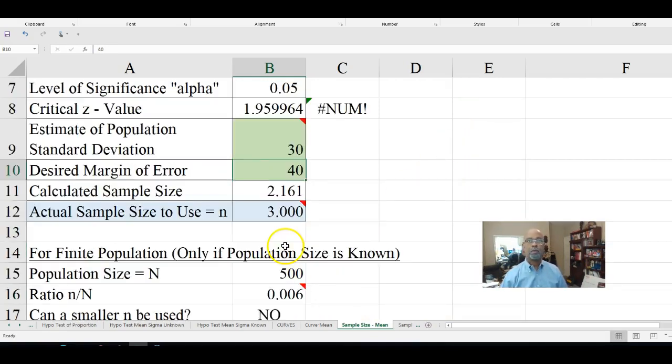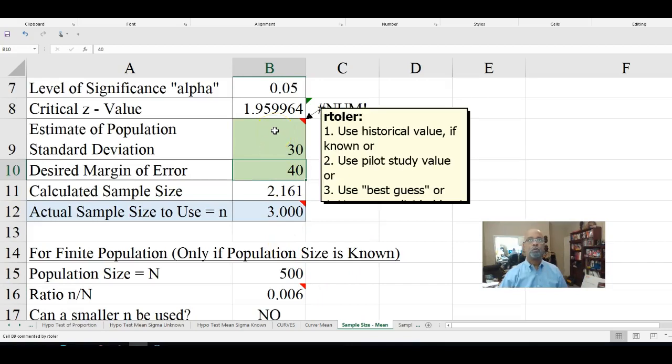And notice that there is a note included in the tool to give you some guidance on how to select that estimated population standard deviation. If you know it from history, you can use whatever known value you have. You can do a pilot study to estimate the standard deviation. Pilot study being a small sampling of hopefully at least 30, but it could be less.